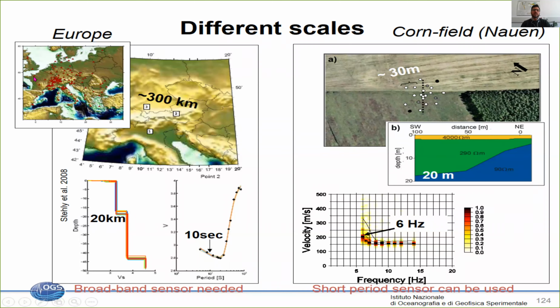Generally, you can imagine the standard was to work maybe at European level, with international networks, looking at distances of hundreds of kilometers, estimating the velocity profile for tens of kilometers, and working at a period of 20 seconds, so 0.05 hertz, so very long wavelength.